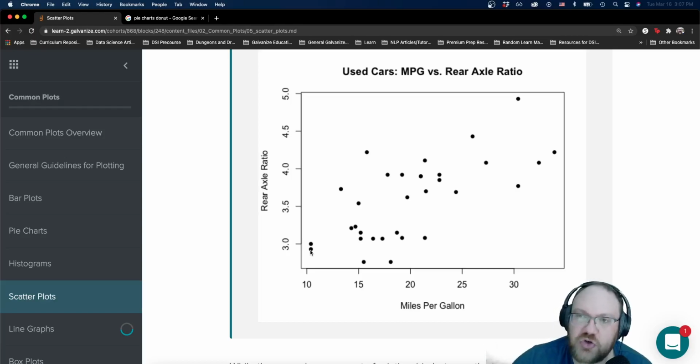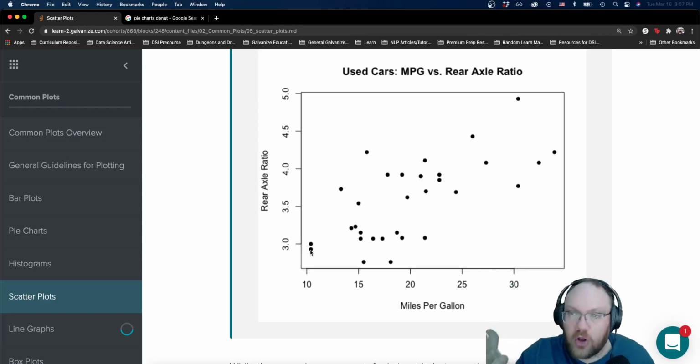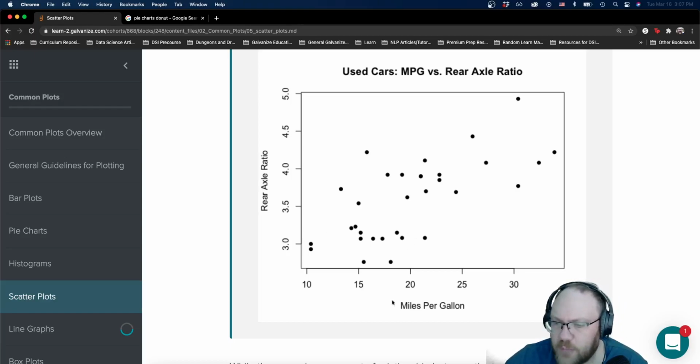And I've taken two fields or sort of columns of that data set, one being miles per gallon, the other being rear axle ratio, and I plotted them against each other, right? How does the rear axle ratio change in relation to the miles per gallon? Or is there no correlation between those two at all? So I'm looking at, right, miles per gallon on the x-axis.